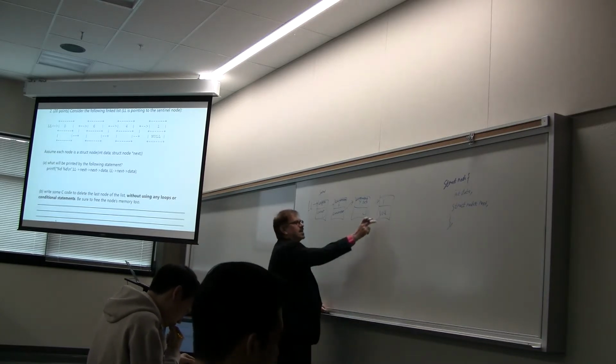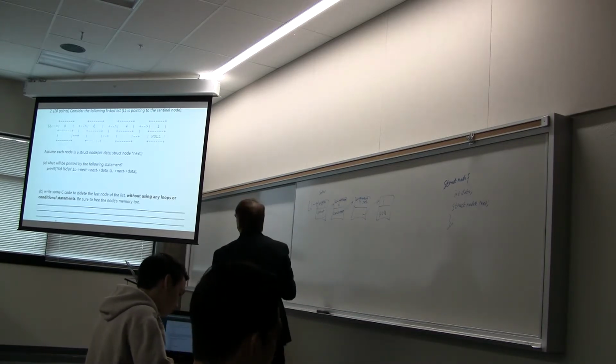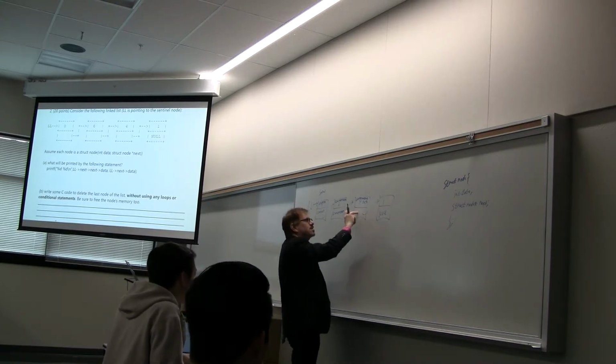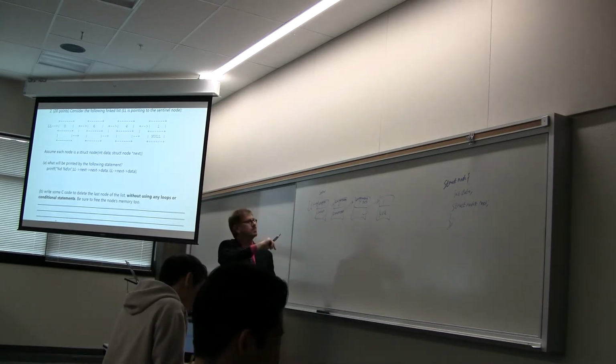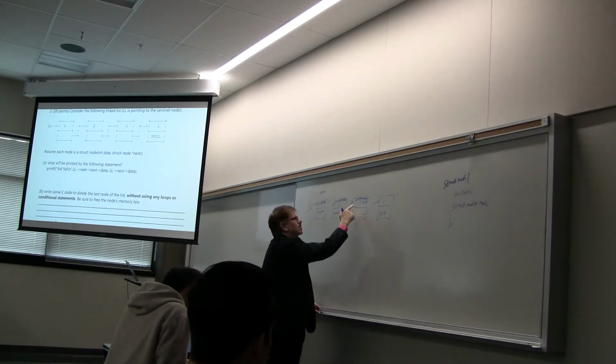So we want to delete the last node. What does that mean? Did I tell you to free your memory? Yes. So we need to free this node, and we need to set this to null. Okay, so to free this, we need to find it. Well, this is LL next next data. This field here is LL next next.